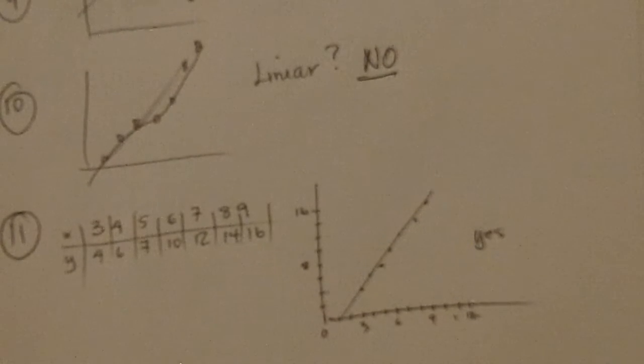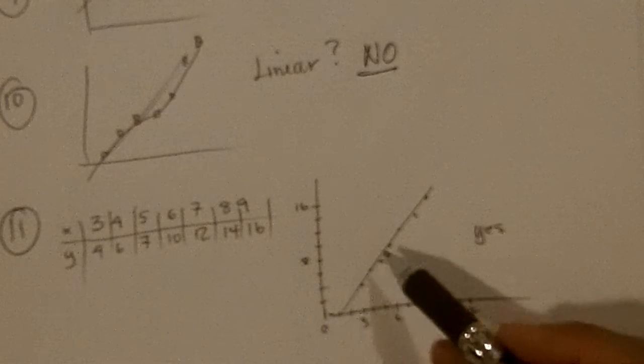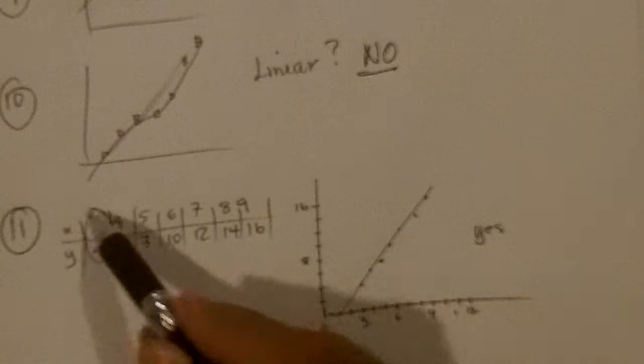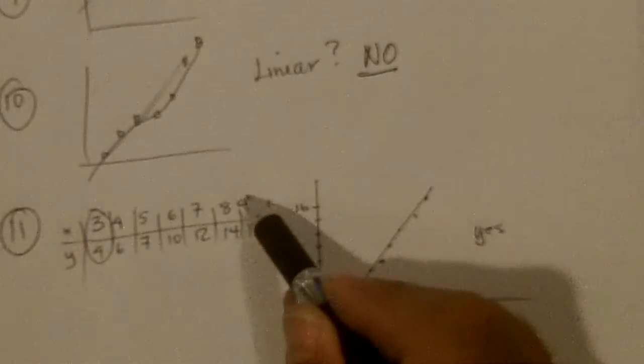And see, am I supposed to do something else with that? Let's see. Let me take a quick look here at 3-2. Select 2 points from it. So it looks like the first point is pretty much on the line, and the last point looks pretty much on the line.